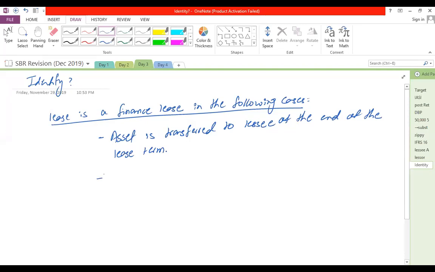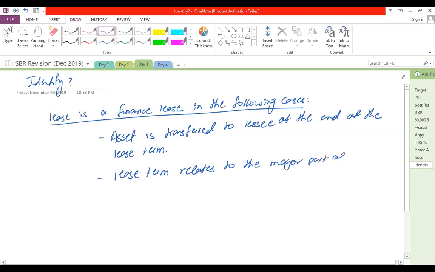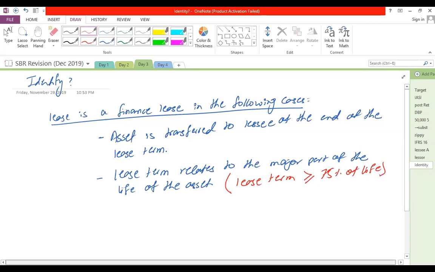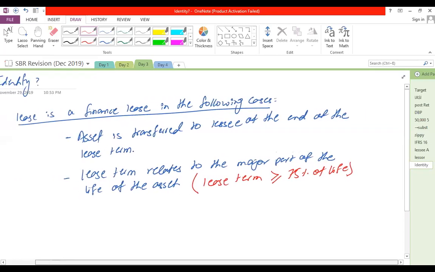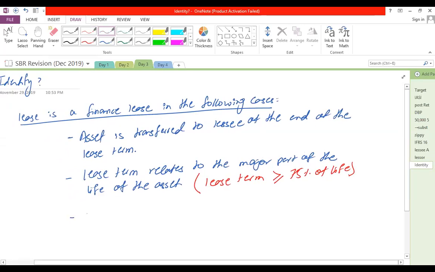Similarly, if the lease term relates to the major part of the life of the asset, then also it is a finance lease. When we say major part, this means that the lease term is more than or equal to 75% of the life. So if the lease term is more than 75% of the life, then we call it a finance lease.